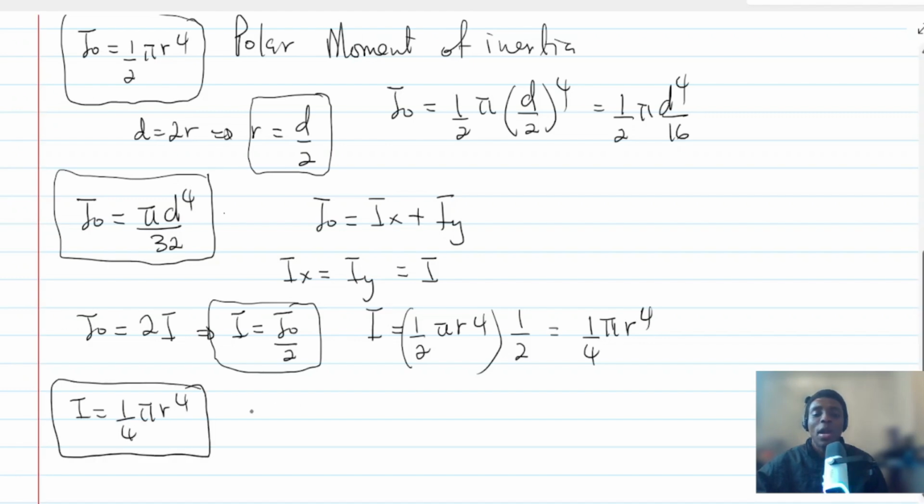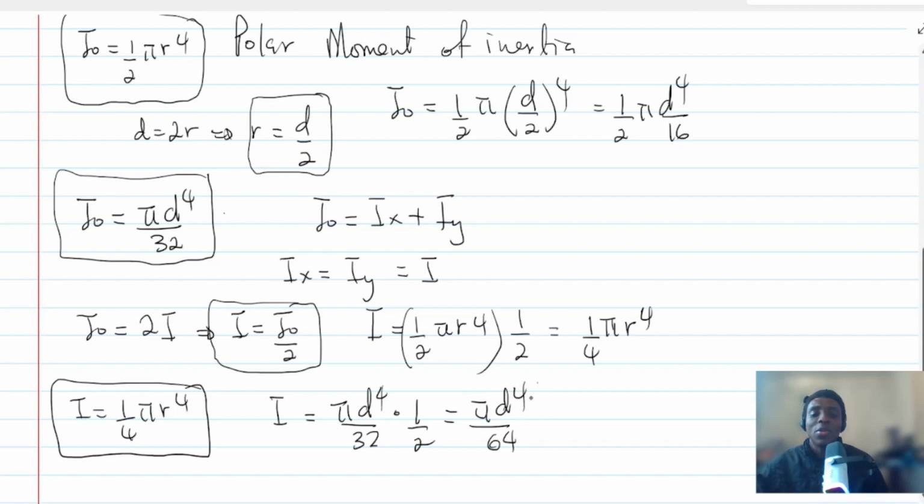And in terms of the diameter, we have J naught as pi d4 over 32. Oh, sorry, we have I, so half: it's going to be pi d4 over 64. Please take notice of this.